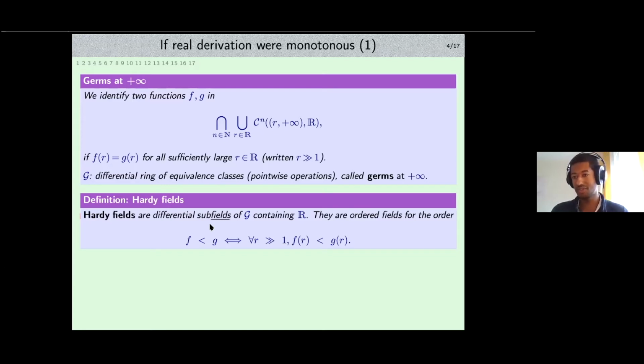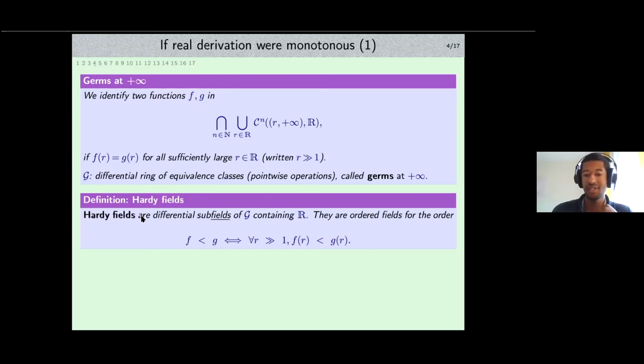So germs must either be equal to zero on a neighborhood of plus infinity, or positive or negative on neighborhoods of plus infinity. So this gives us another relation, which just says that a germ is smaller than another germ if this is true for sufficiently large values of the variable. And actually we have more because we want fields to be differential fields.